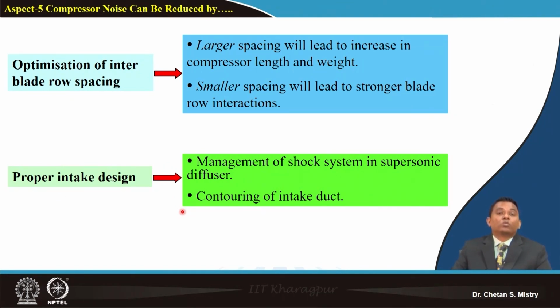In order to have a very good, smooth, or uniform flow at the entry, the inlet needs to be designed in a proper way. So all this we are discussing is in the sense of addressing different aspects of improvement of our design.